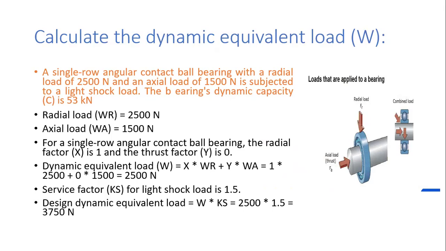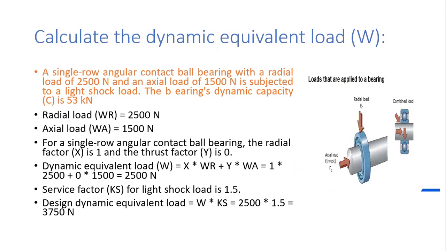Now we have to find out the design dynamic load of the single row angular contact ball bearing. Assume the service factor for light shock load is 1.5, since in the problem it has been given light shock load. Multiply that service factor with the calculated W value. So you will be able to find out the design allowable dynamic equivalent load: 3750 Newton.